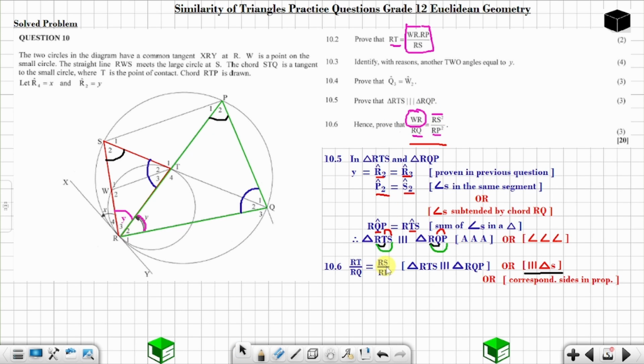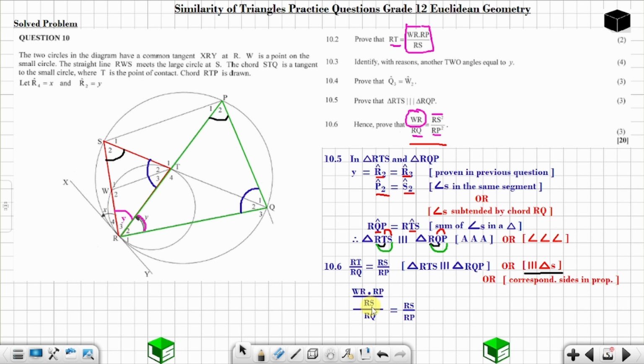Now we need to have this. You have RS, RS, RP, RP, RQ, RQ. You don't have WR. You have RT. RT is equal to this. We are going to substitute RT. So you are going to have in the place of RT this over RQ equal to RS over RP.